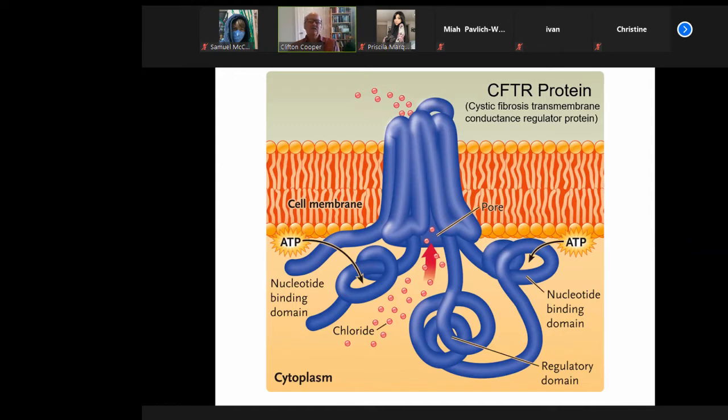So it might seem strange that a healthy person has this thing called cystic fibrosis transmembrane conductance regulator protein. That's a mouthful. But when this is faulty, people have the disease. Everybody with normal health has a normal version of this. And so we give it that name just to indicate this is what the disease is connected to, if you're unlucky and you inherit a corrupted version of the gene for making this protein.